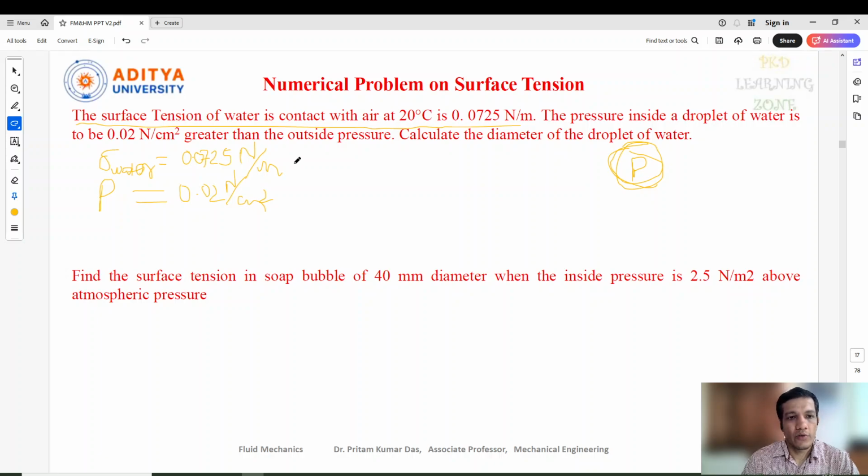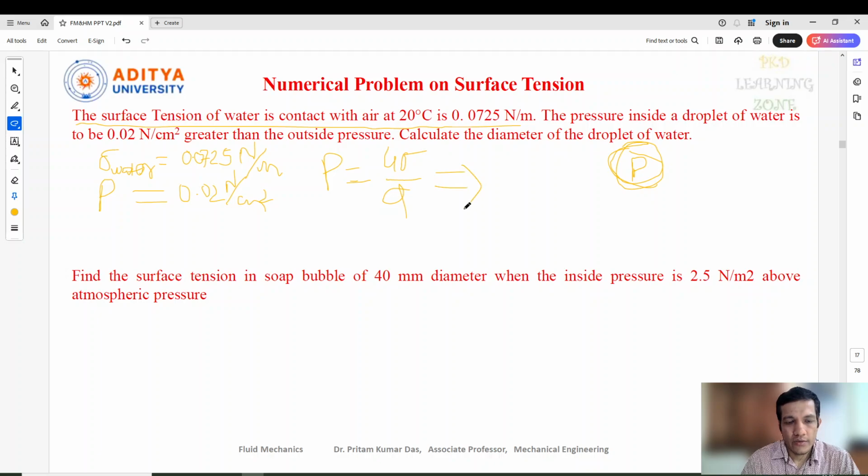In the last class we have seen the surface tension for water droplets. The formula is very simple: P equal to 4 sigma by d. Here sigma is given already, the surface tension of water, and d is what we need to calculate.